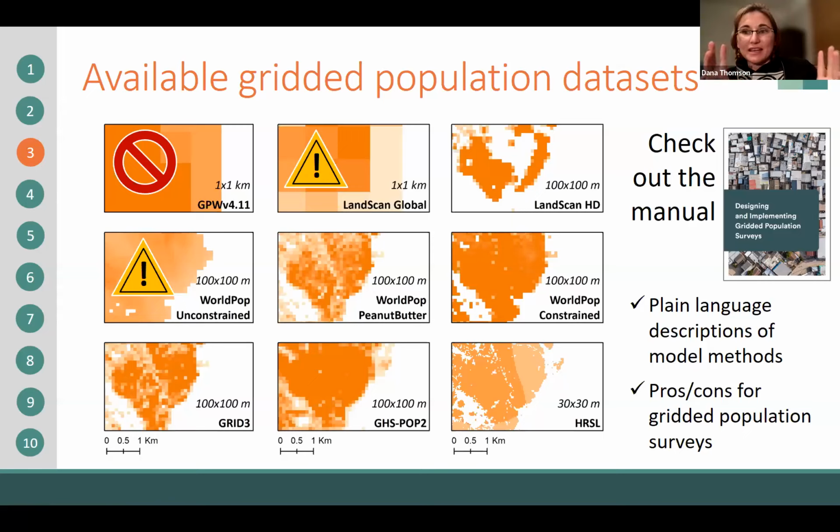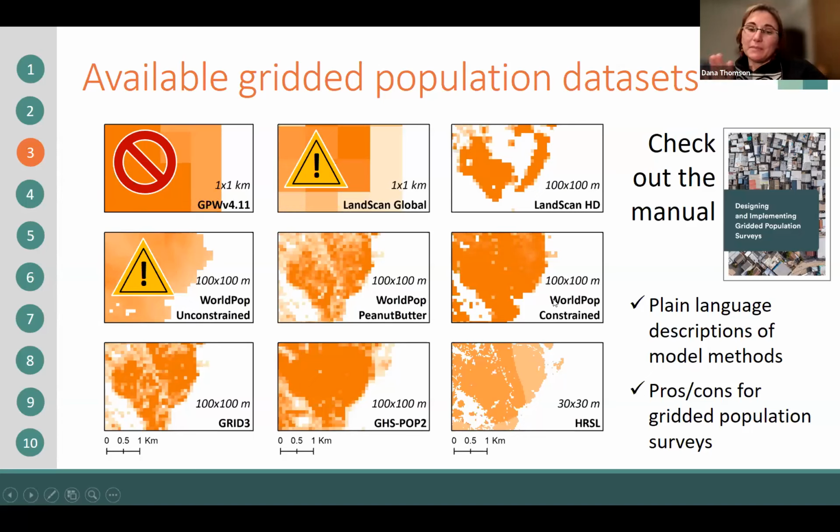So every cell has some estimate, sometimes negligible. But that modeling approach tends to spread the population out, and it basically gives you overestimates in less dense areas, and it underestimates the highest density cells. This is why I've got a big caution symbol on it, because in Iraq in particular, that's not going to be a great data set to use.